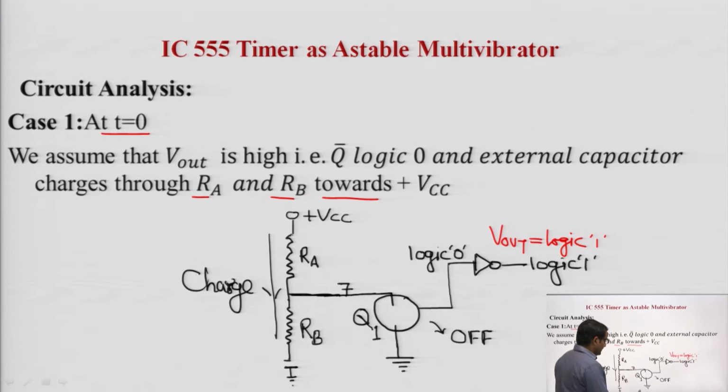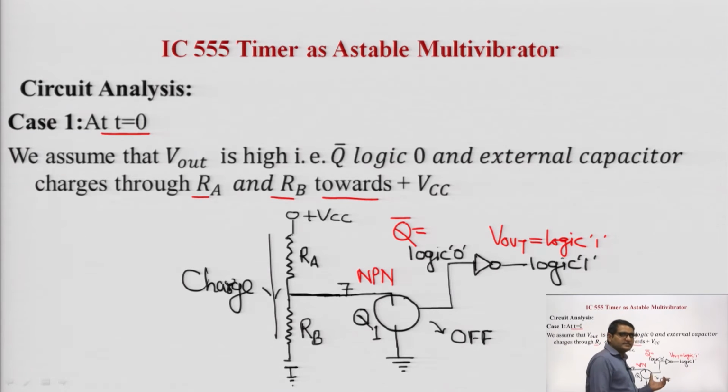Definitely then Q bar is equal to logic 0, and if it is logic 0, we know that the NPN transistor is off for logic 0. When the base is connected to logic 0, the NPN transistor turns off, and the external capacitor C has no discharging path.